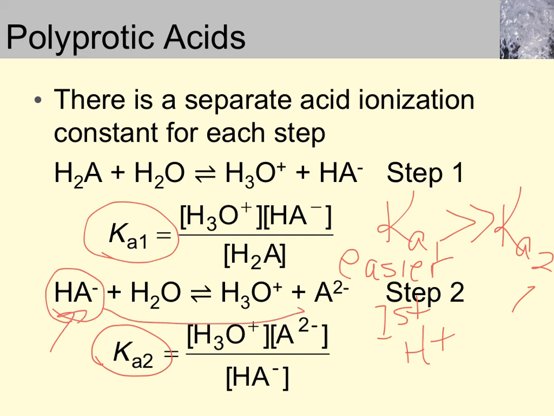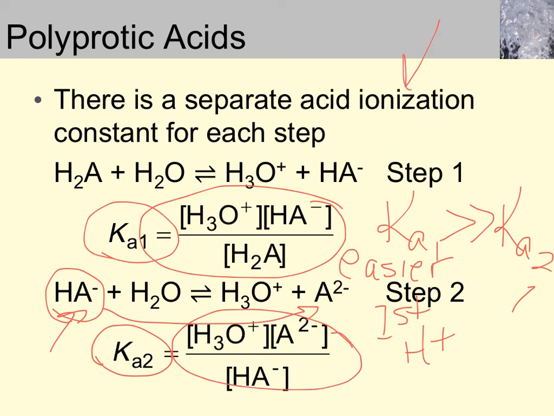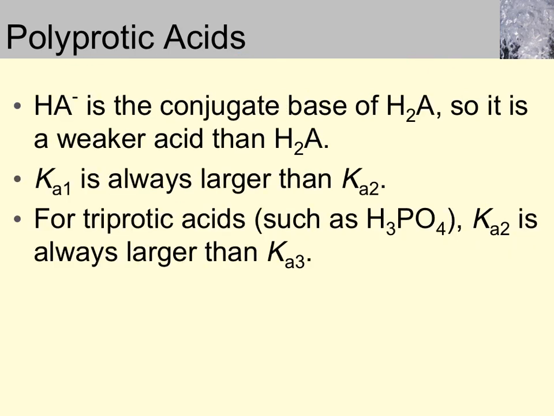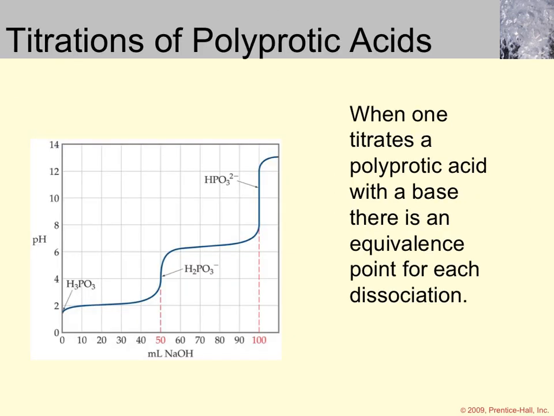Substances aren't likely to want to take on a double negative charge, which is typically what happens when it donates its second proton. Be familiar, know how to write out the Ka1 and Ka2 equilibrium expressions. Know this whole page. That's about the extent of what I expect you to know for polyprotics. I lied a little bit.